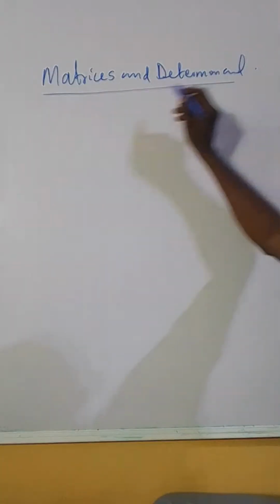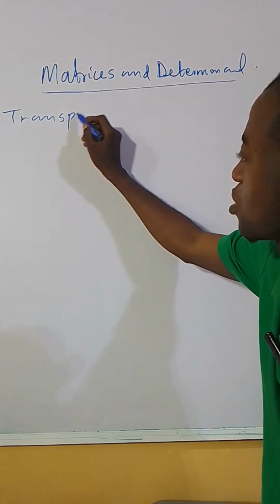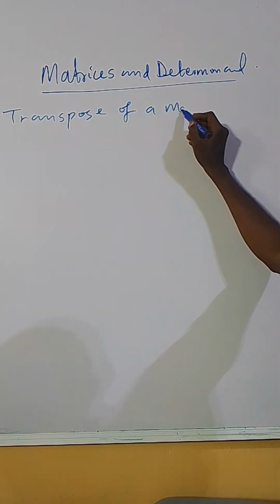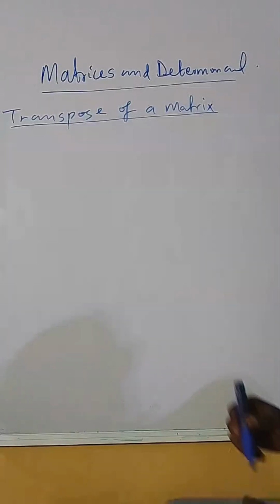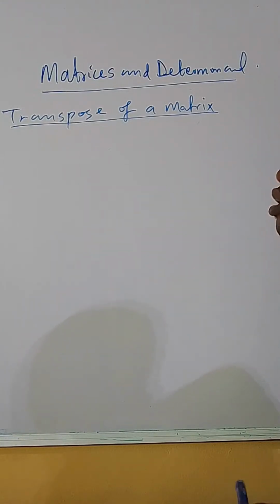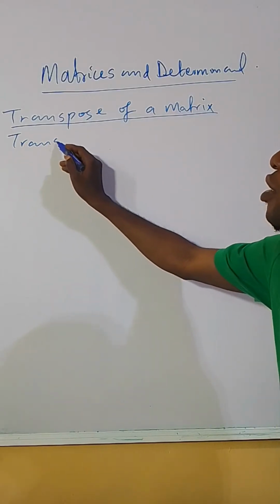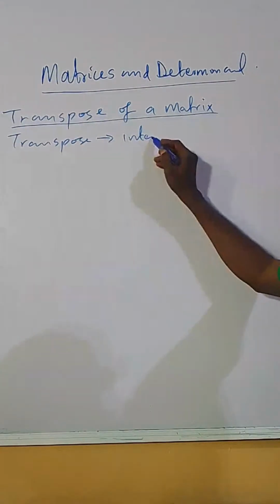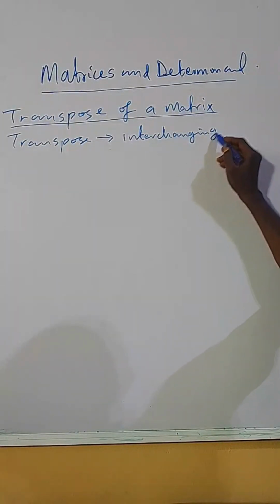So we have what is called transpose of a matrix. Now, the word transpose simply means interchanging the row and column. So when we hear transpose, it's simply interchanging of row and column.